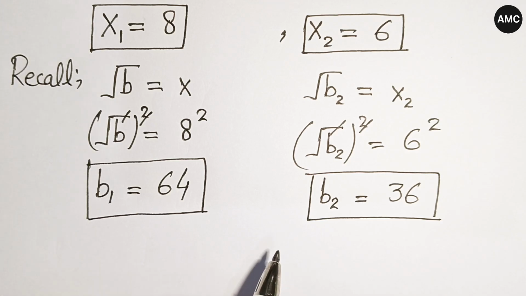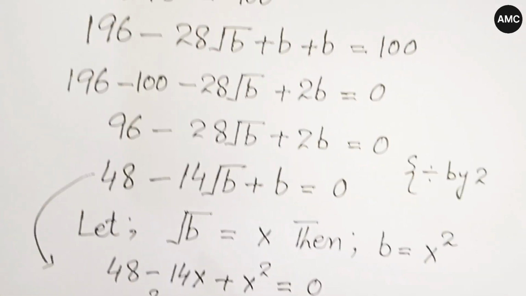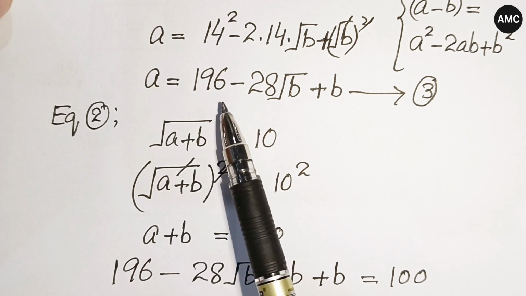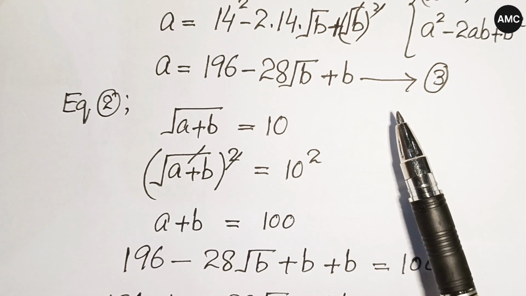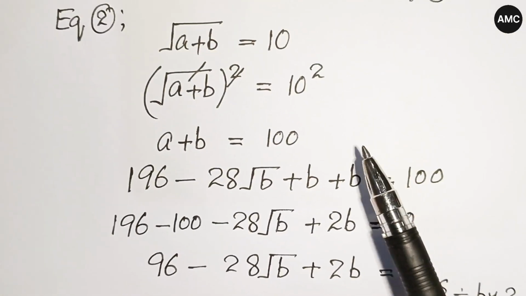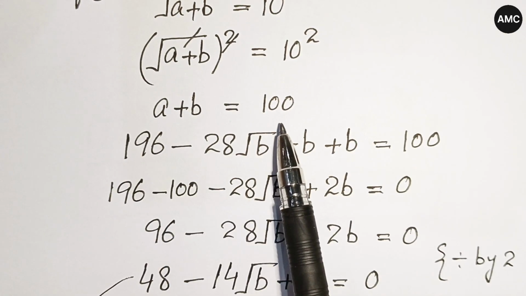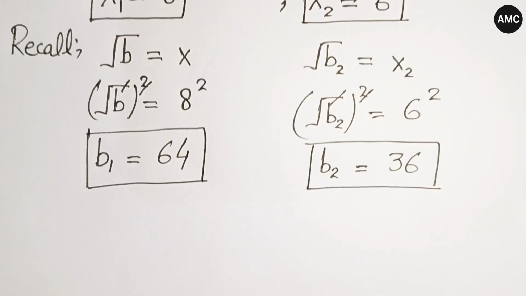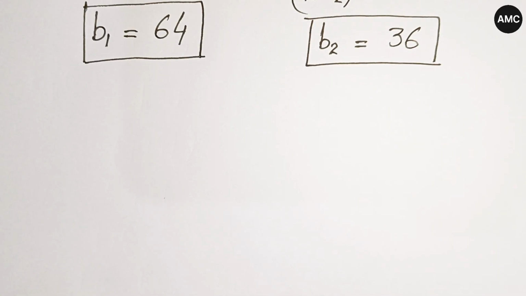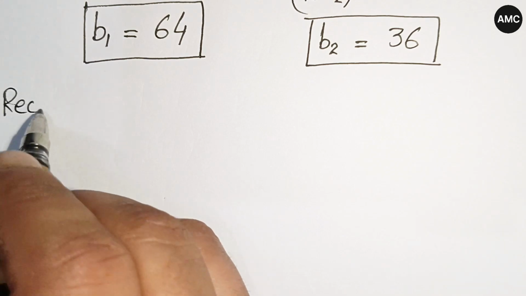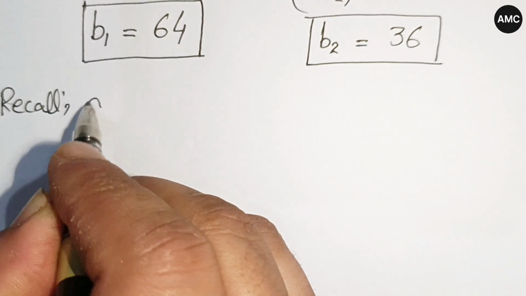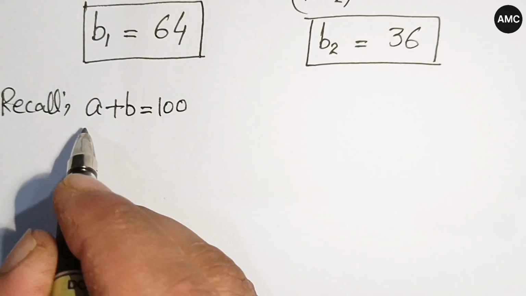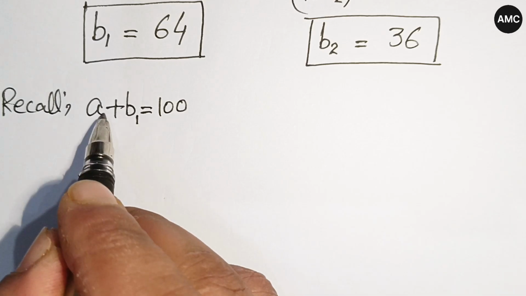two values, as we have our equation 3, that is a is equal to 196, but we can also use a simple and easy equation here, that is a plus b is equal to 100. So recall this equation, a plus b is equal to 100. Here we have b1, so it will be a1.